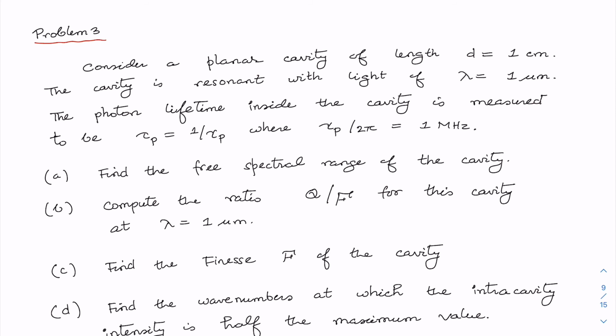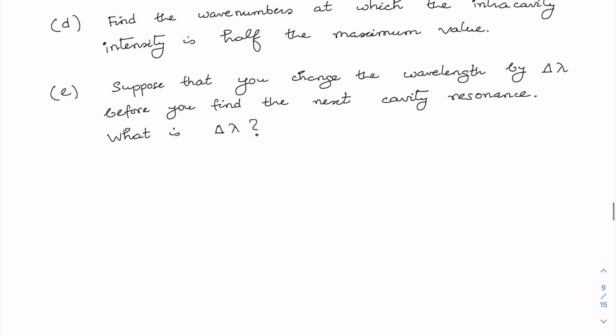In the first part of the problem, you are asked to find the free spectral range of the cavity. So let us do it first. You have already learned about free spectral range in lecture 22.